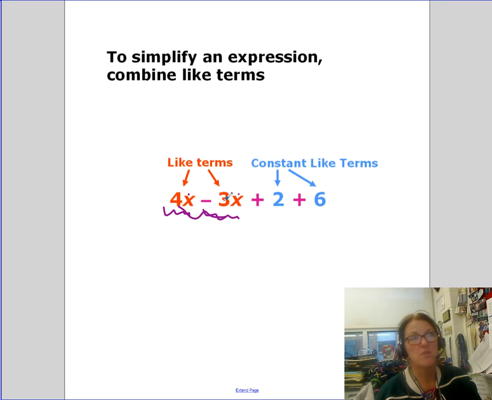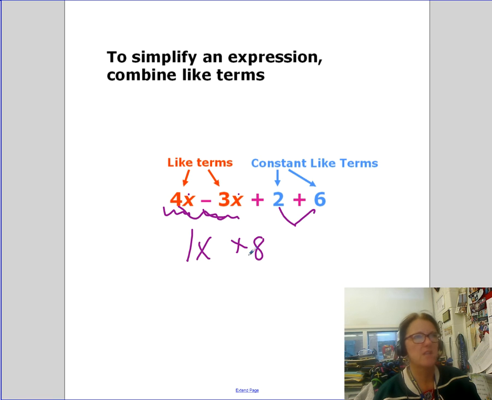And all you have to do is add together the coefficients, 4 and think of this as negative 3. Those combine together to give me 1x. Over here, I have a positive 2 and positive 6. They're constants, plain old numbers, and I can combine those to be a positive 8.